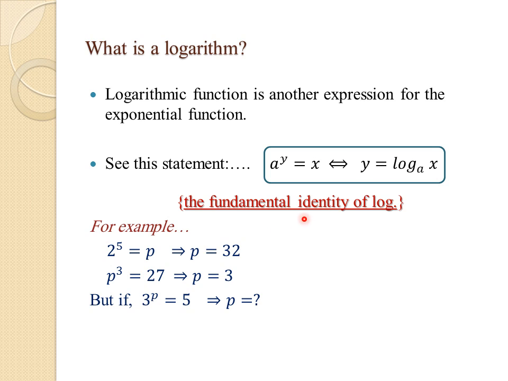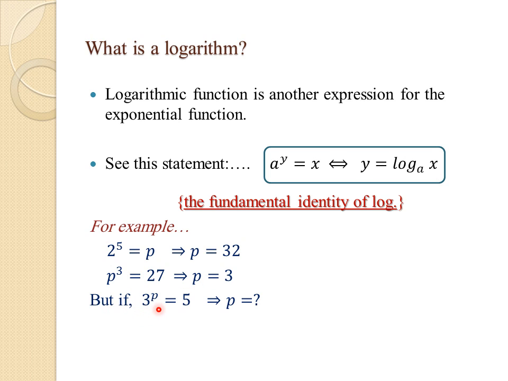The fundamental identity of logarithms, this statement is a basic fact that we will use in all the subjects of logarithms. For example, when we say 2 power 5 equal p, it's easy to multiply 2 by itself 5 times to get the value of p, which is 32. And when we say p power 3 equal 27, it is easy to write 27 after factoring as 3 power 3. So then we will find the value of p, which is 3.